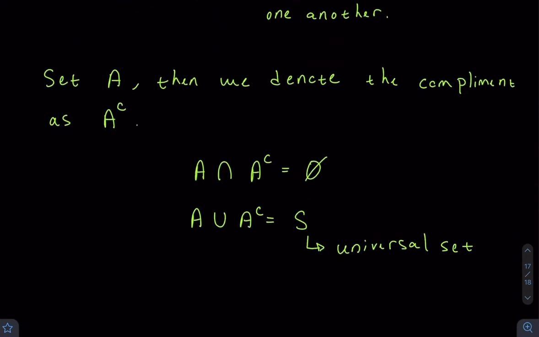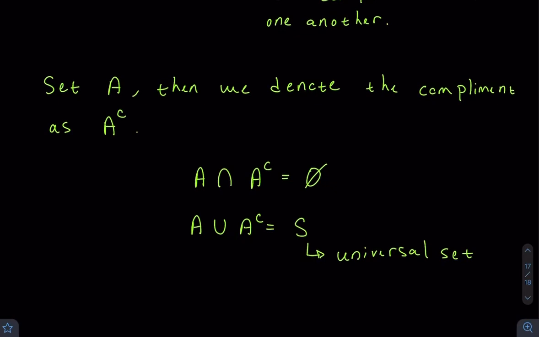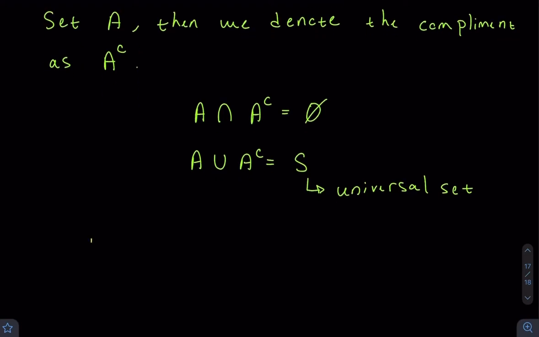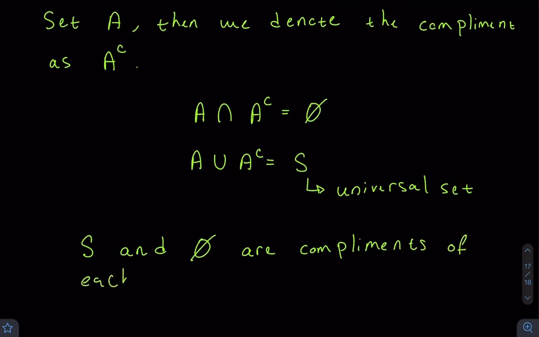So just by looking at this, we could see one interesting property is that the universal set S and the empty set are complements of each other, right?